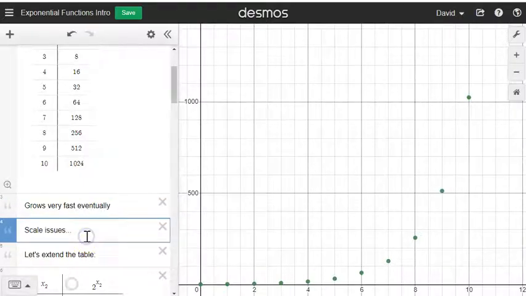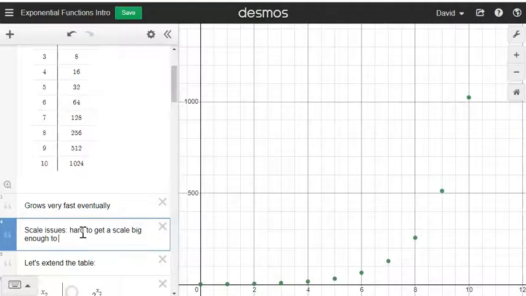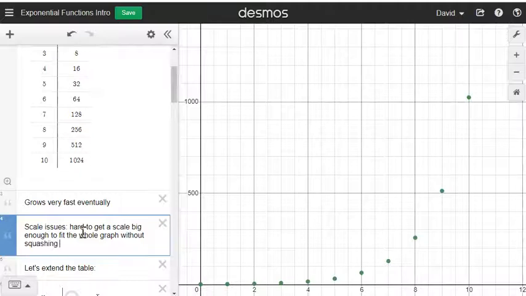And so we have some scale issues, which are that it's hard to get a scale big enough to fit the whole graph without squashing the left-hand sort of tail. So that's going to be a perennial thing to deal with exponential functions.